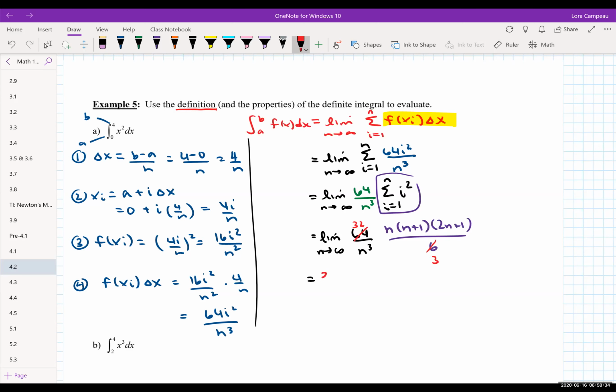So we could pull that out, 32 over 3, then deal with the limit as n approaches infinity. And if you want to take a liberty and invoke the leading terms property at the same time, we can look at our leading terms. So our leading terms are n times 2n.